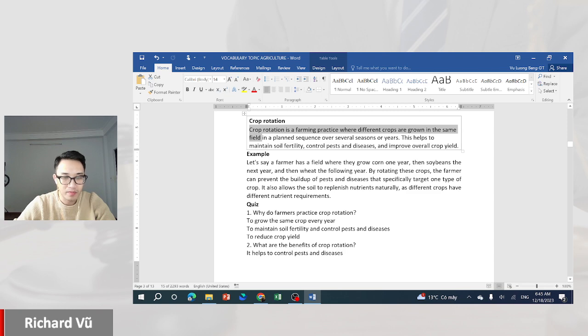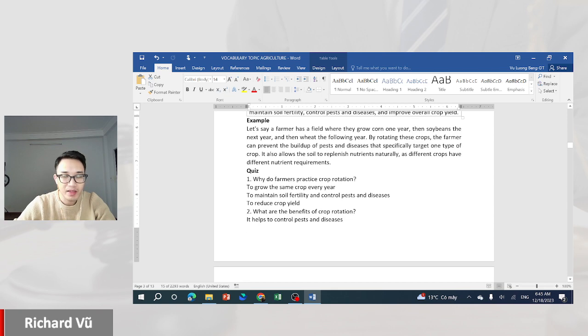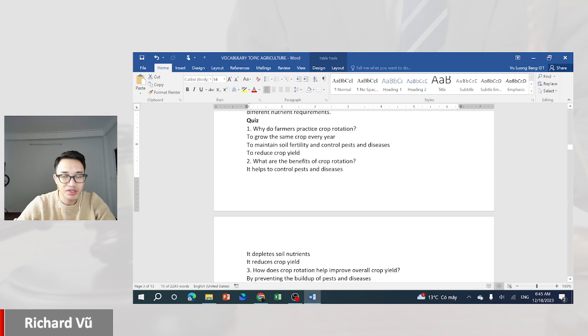We have a multiple choice question here. Let's answer it. Why do farmers practice crop rotation? To grow the same crop every year, or to maintain soil fertility and control pests and diseases, or to reduce crop yield? Which one is the correct answer?